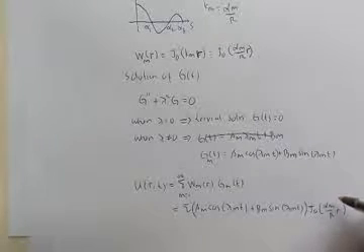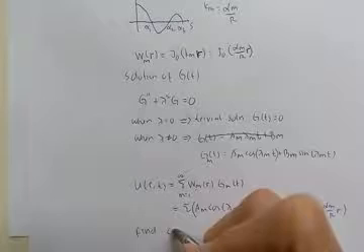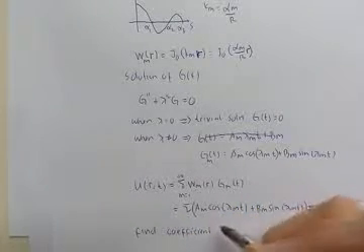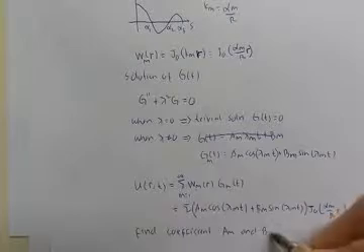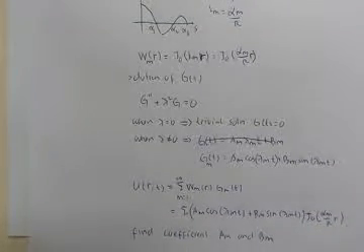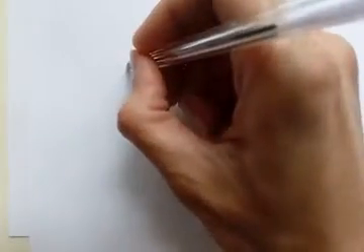Okay, and then we need to find the coefficients, which are a_m and b_m. Now we are using the initial condition.